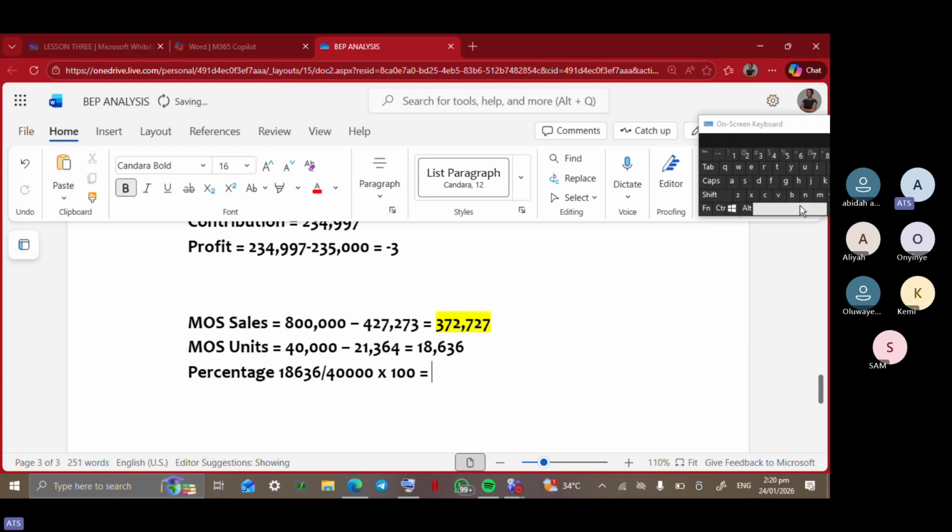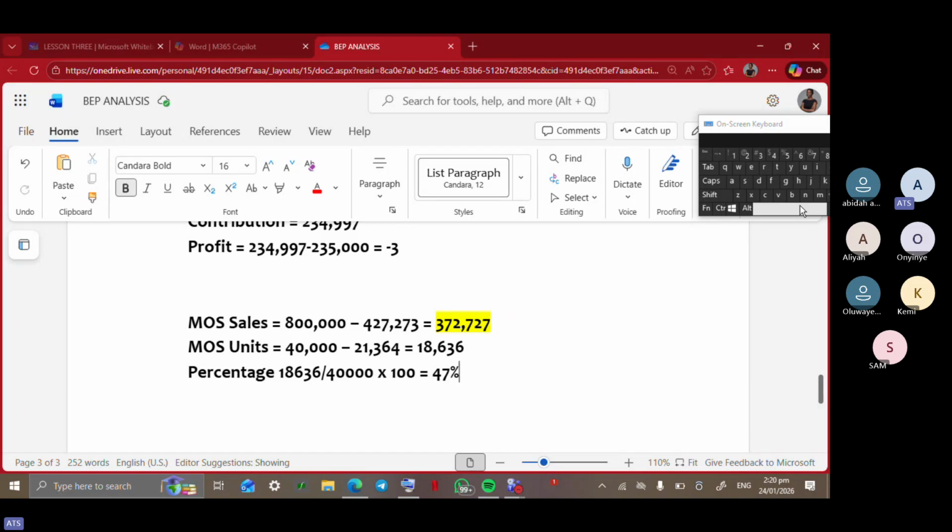They might ask you what percentage of your sales is margin of safety. So that should be approximately 47%. So approximately 47% of your sales is your margin of safety.